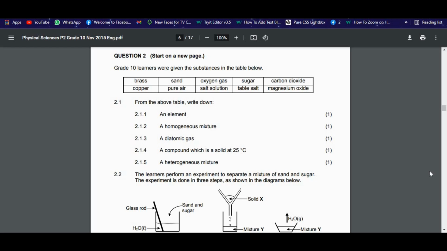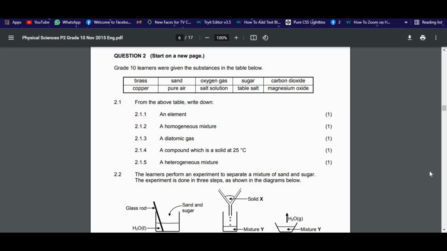We've got brass, copper, sand, pure air, oxygen gas, salt solution, sugar, table salt, carbon dioxide, and magnesium oxide. Now from the table above, write down, and they give us a list of what they're looking for. 2.1.1, the first question, write down an element.